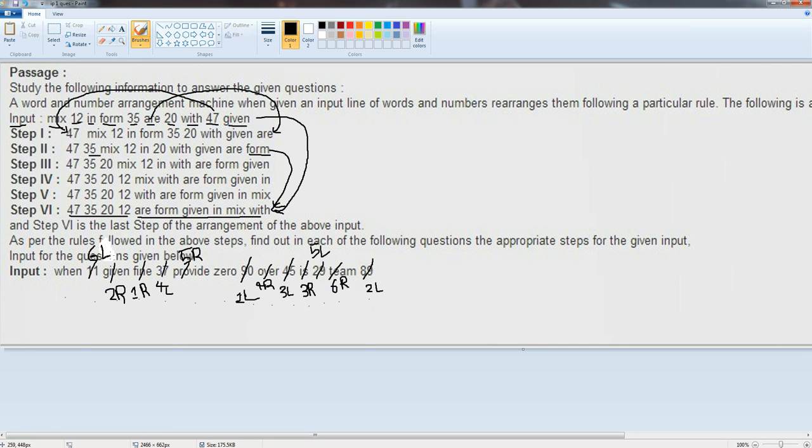Now you see all the numbers are arranged, but two words still remain, that is 0 and 1. So the words are still to be arranged. So 1 will be moving in the 7th step towards the right, and 0 will be moving in the 8th step toward the right.